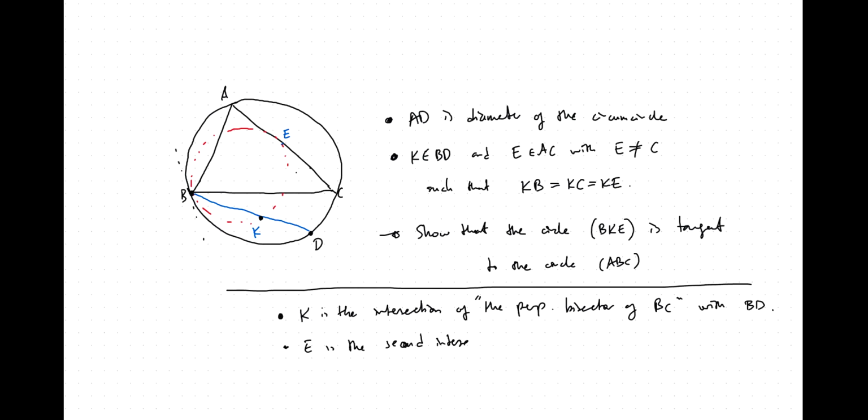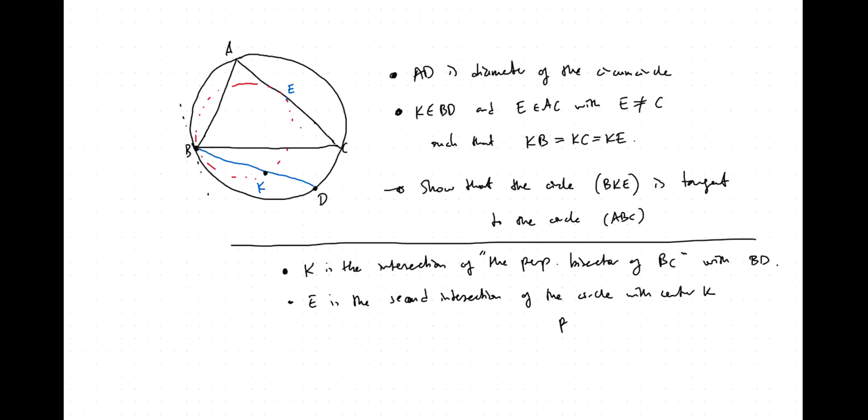When you talk about the intersection of a circle and a line, if one of the intersections is obvious, the other intersection is called the second intersection. E is the second intersection of the circle with center K passing through B and C, with the line AC.